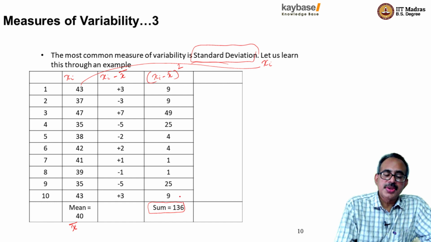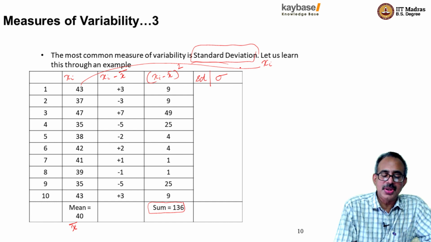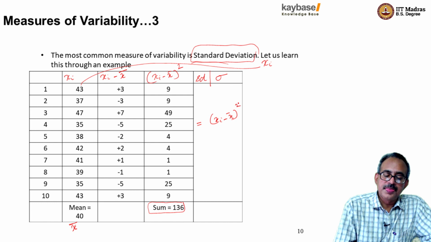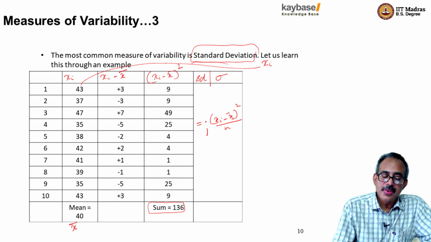Now we come to what is standard deviation. People refer to it differently. Most commonly used is sigma. In statistical formulae, we call it sigma. There are other ways to refer to it. Sigma, basically standard deviation, is equal to the square root of the sum of xi minus x bar squared divided by n, where n is the number of observations.